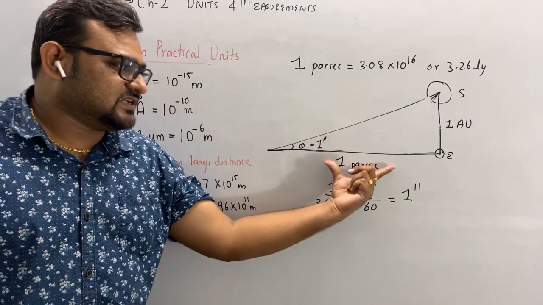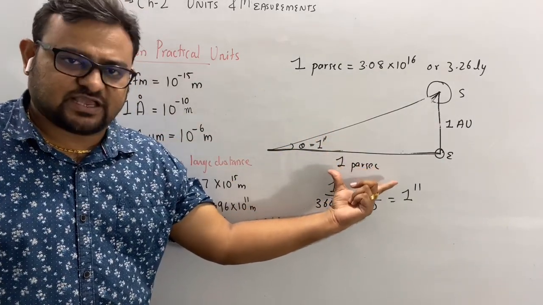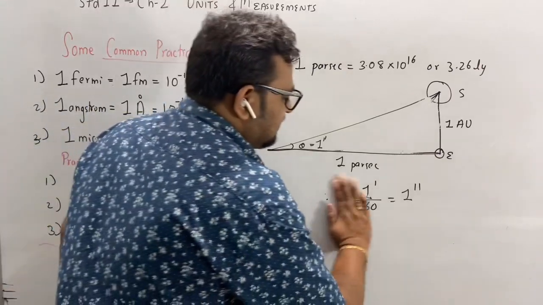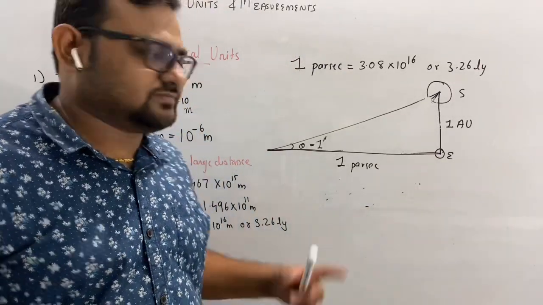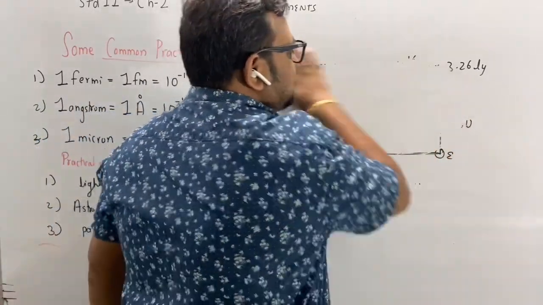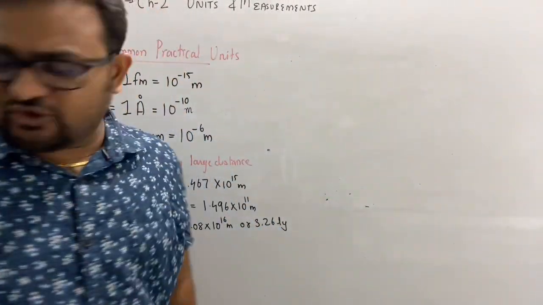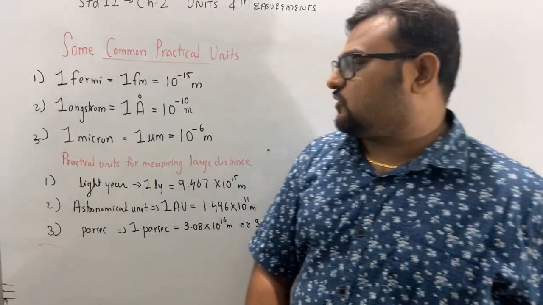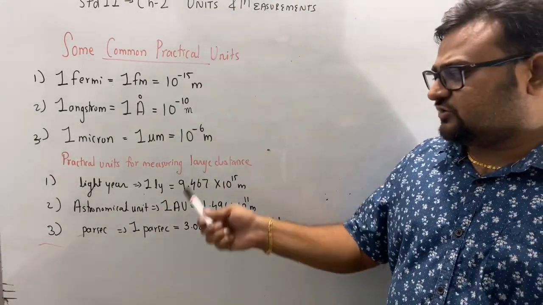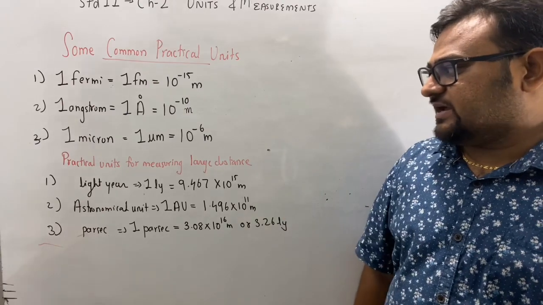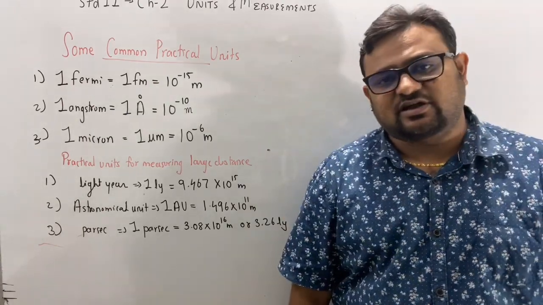Then this distance is one parsec. Clear? So this was about one parsec. These were the larger units that we are using to calculate larger distances, the common practical units for measuring large distance.